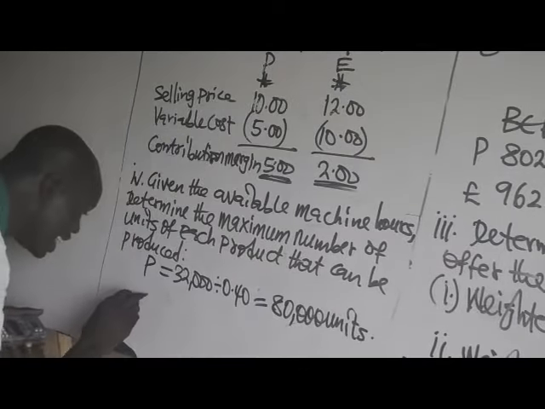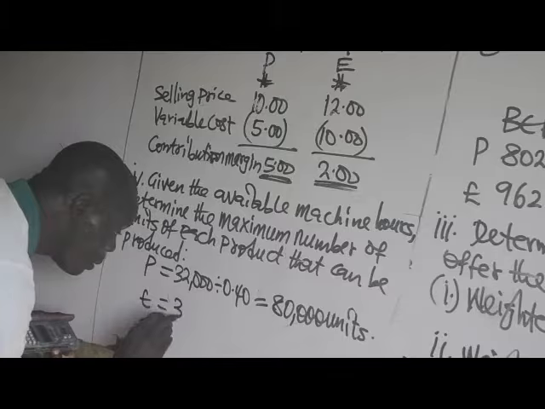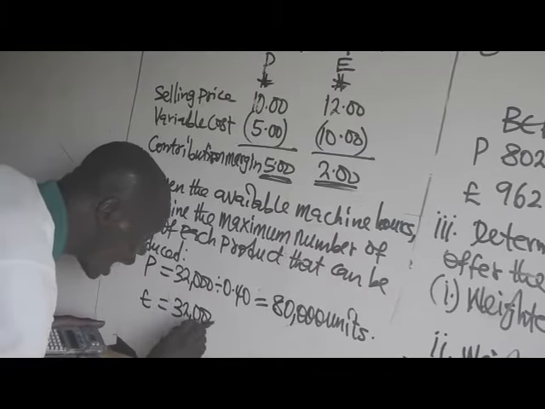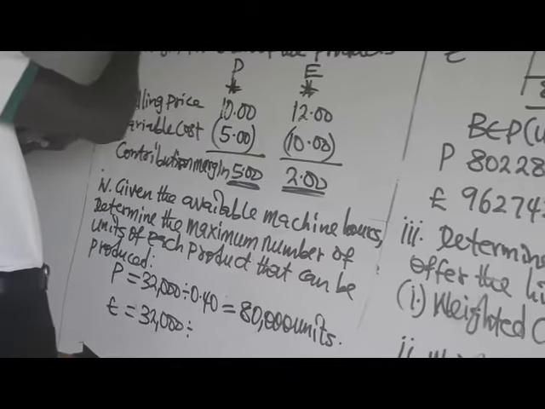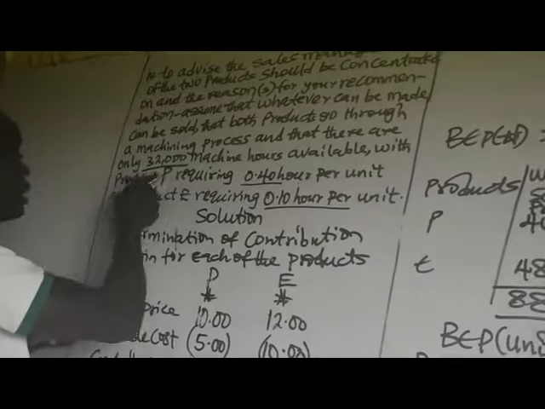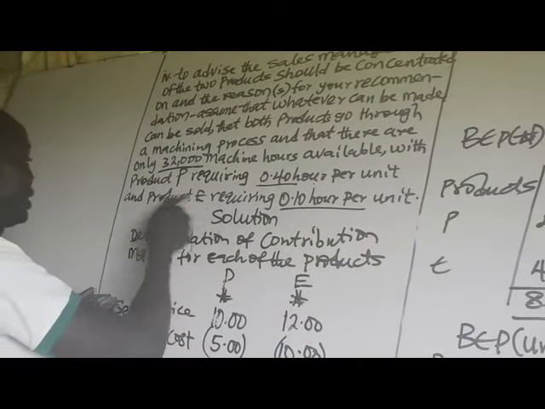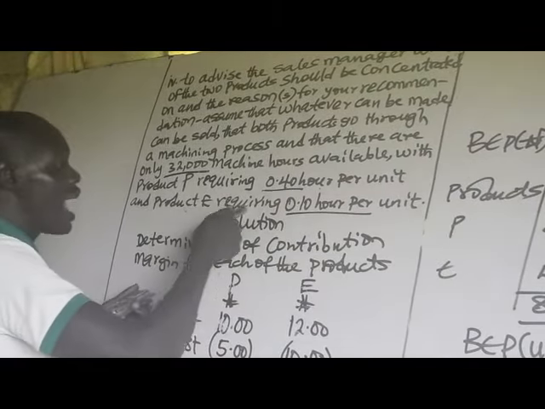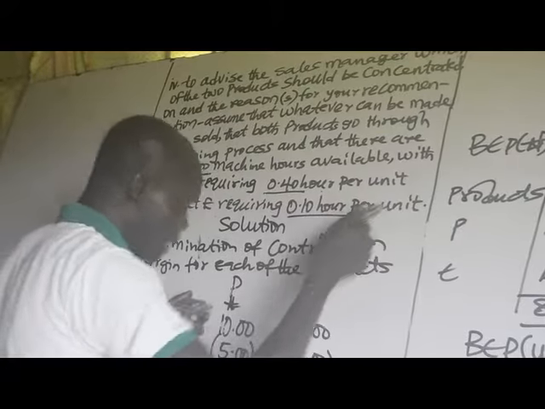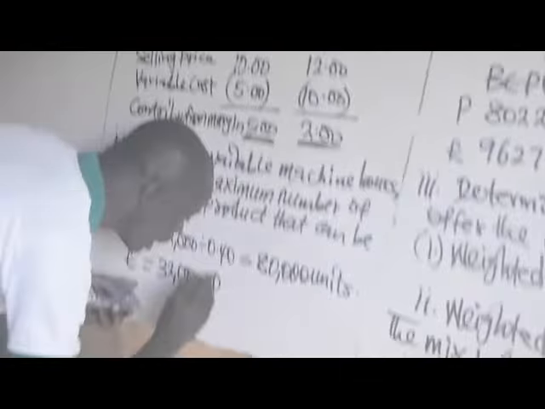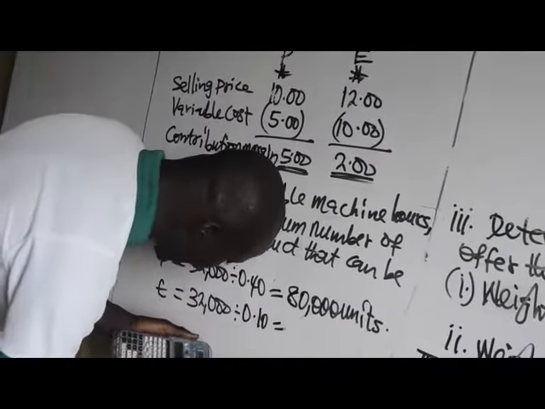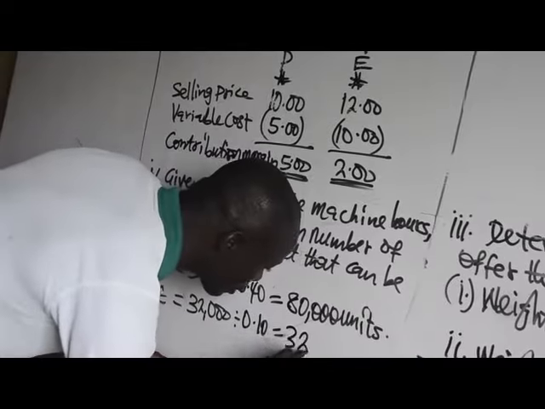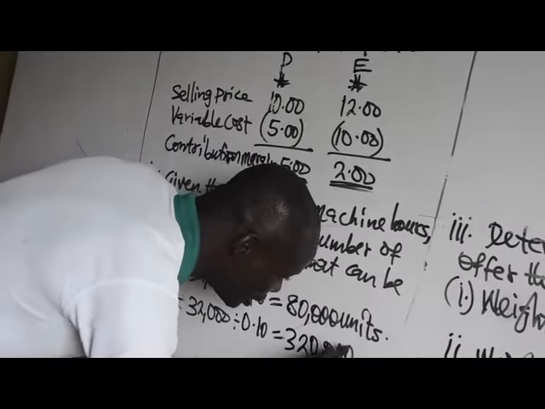For product E, again, the available machining hour is 32,000 hours. And how many hours are required to produce a unit of product E? Product E requires 0.10 hour per unit, so 32,000 divided by 0.10 gives 320,000 units.